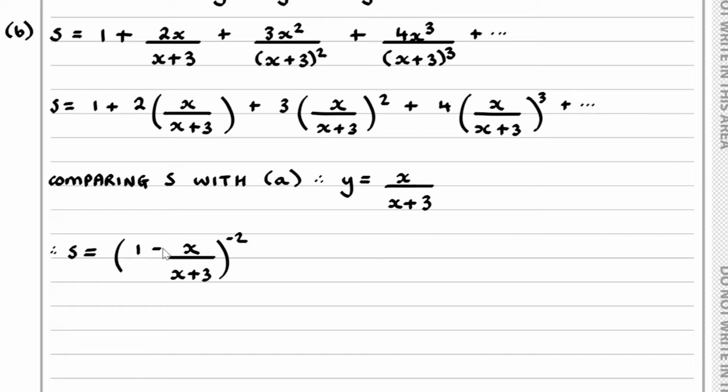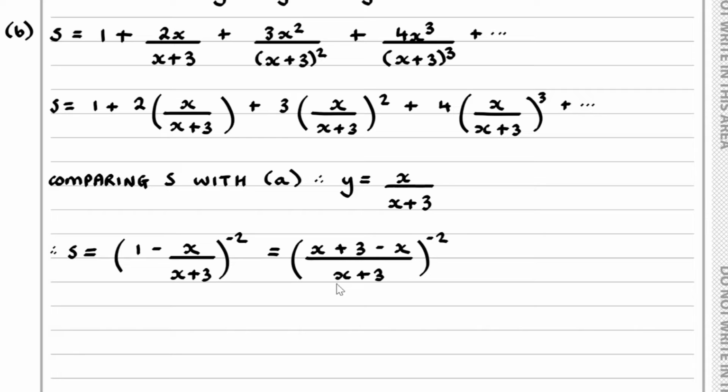And now we need to simplify S. So, combining the 1 with the fraction here, this result is the same as x plus 3 minus x, over x plus 3.